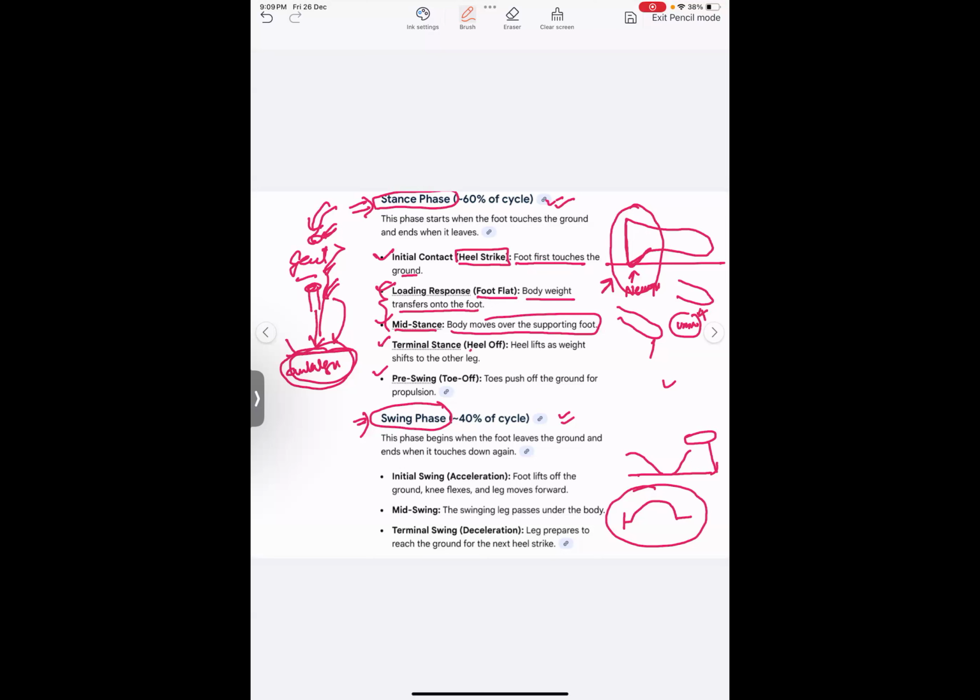Terminal stance: heel is off. Heel lift as weight shifts to the other leg. Now from this side to this side, that is shifting. Here the pelvic girdle will help. Suppose that is the pelvic girdle, shifting the weight from this side to this side, taking help from the pelvic girdle.